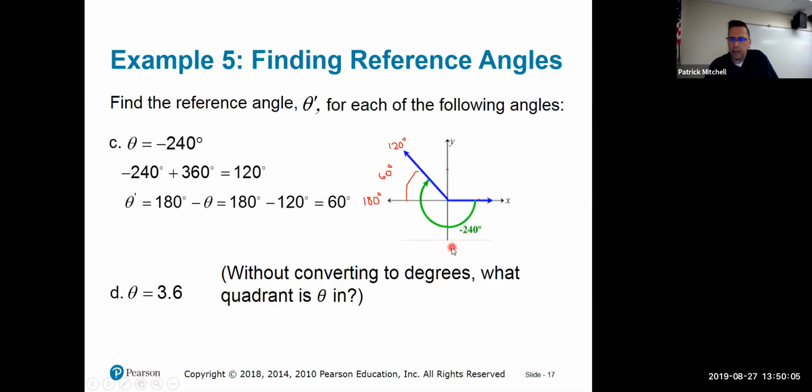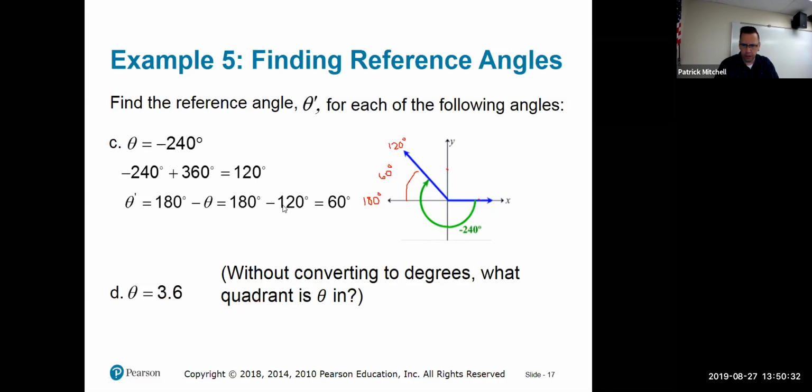If I go down here to 3 pi over 2, I don't know that exact decimal, but it would be somewhere in the neighborhood of about 4.6, 4.7 radians if you change it to a decimal. So if you think of this as 3.14 radians, think of this as 4.7 radians or whatever that is, 3.6 would be somewhere in between.